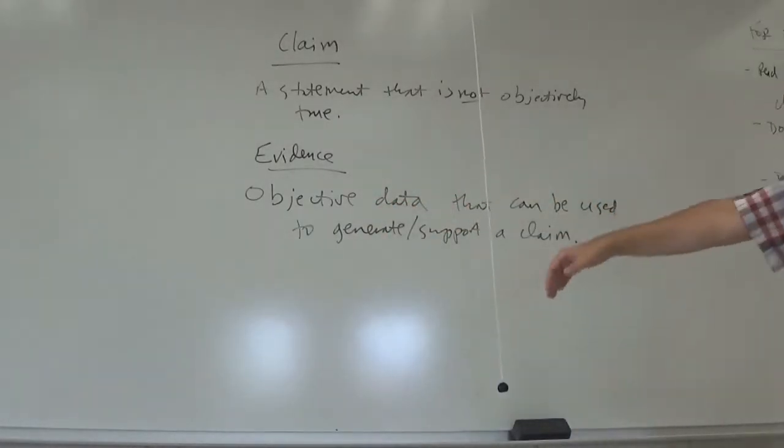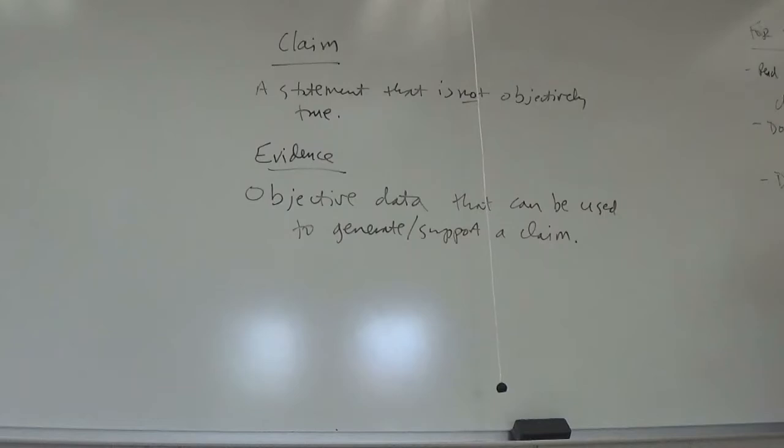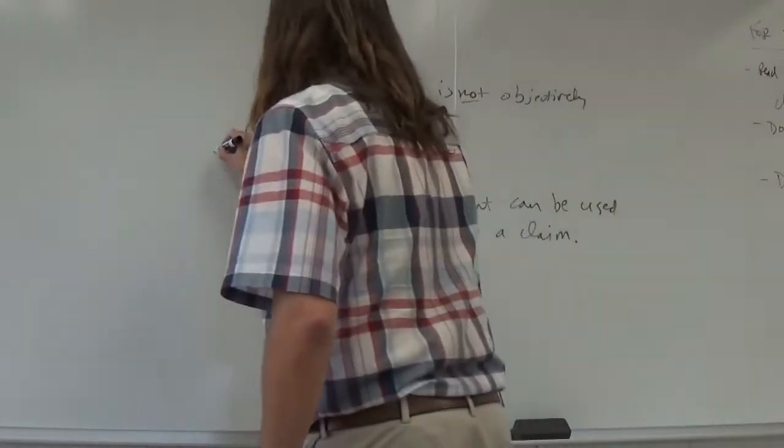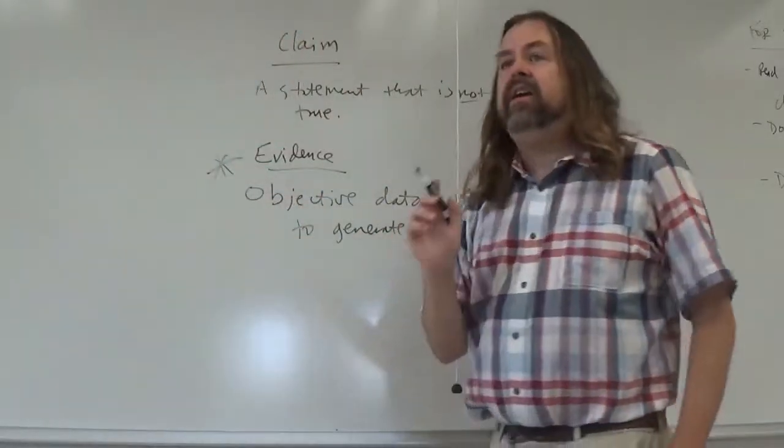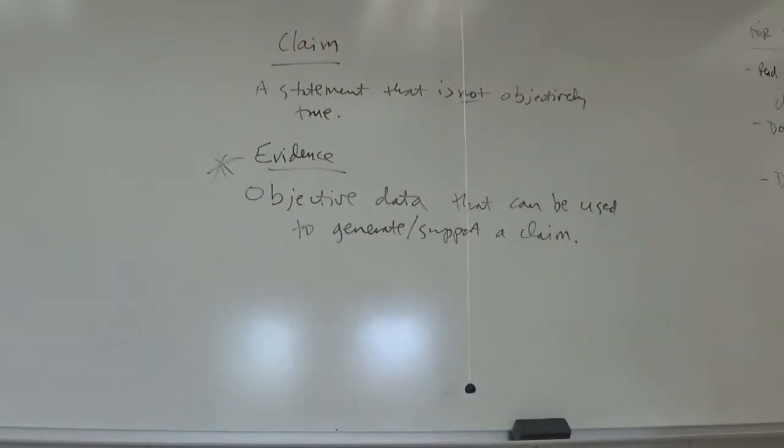But I think this is enough for you to go on for the homework assignment, right? So if you see statements in your writing that are objectively true, right? Okay, this is something I could look up. That's evidence, right?